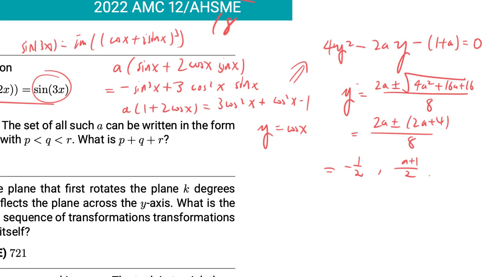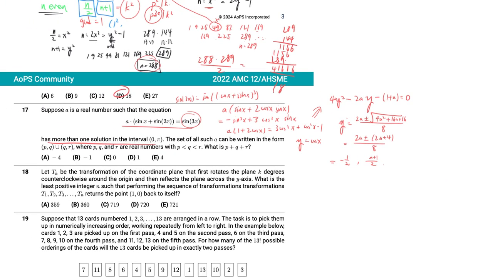So we have these two solutions. And we notice that this y is a cosine x, and our solution needs to be from 0 to pi. So in order for any y to be a valid solution, we need y to be within -1 to 1, right?